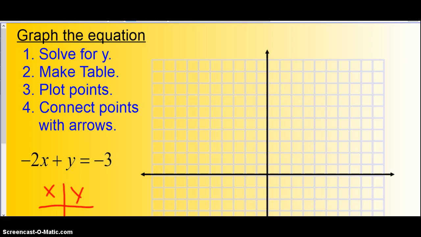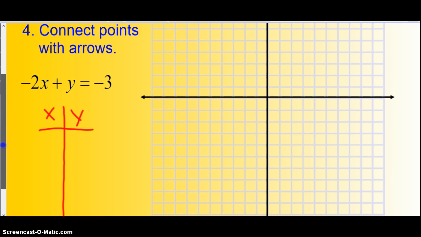For your homework assignment, I would like for you to draw a table and plot some points and connect the points with arrows for the equation negative 2 times x plus y is equal to negative 3.